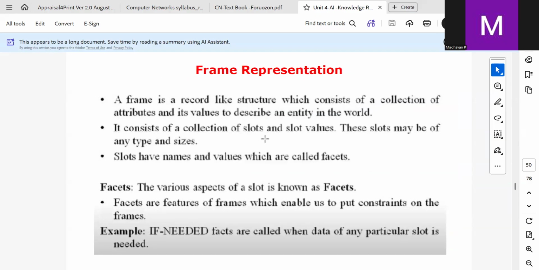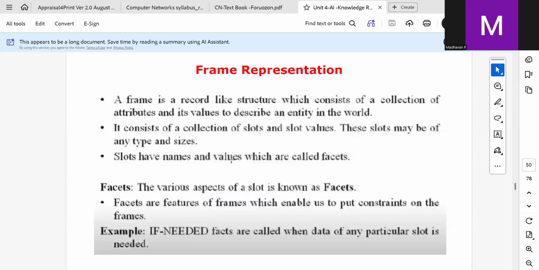An alternative to semantic representation, there is one more representation for knowledge that is called frame representation. It's a record-like structure which consists of a collection of attributes and the corresponding values to describe an entity in the world. So basically, it's like a table where you have a collection of slots and the corresponding values.